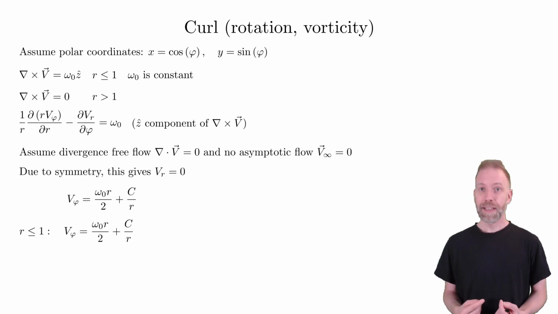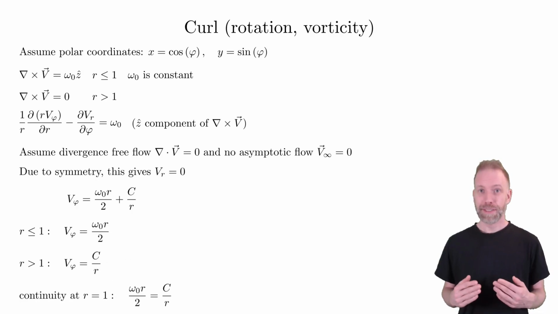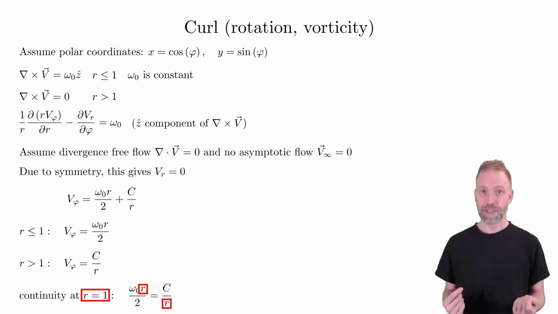Inside the circle, c has to be 0, otherwise we get the infinity at r equals 0, which is unphysical. Outside the circle, we only have the term with the integration constant c. The integration constant is determined by assuming that the flow velocity has to be the same for both expressions at r equals 1.